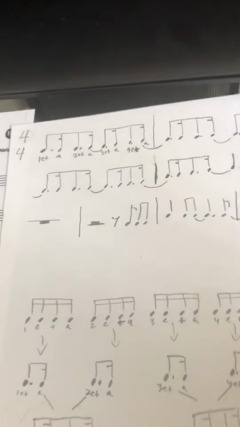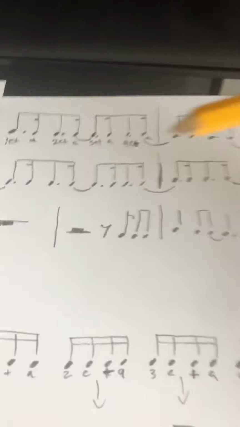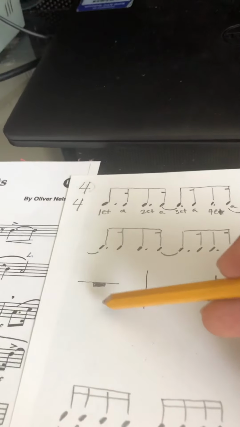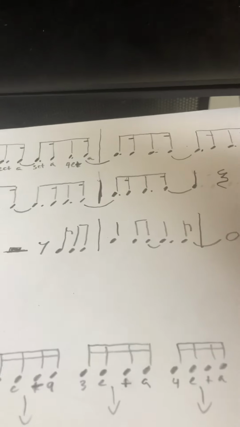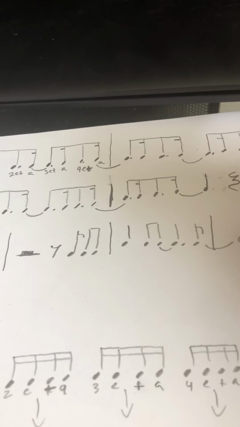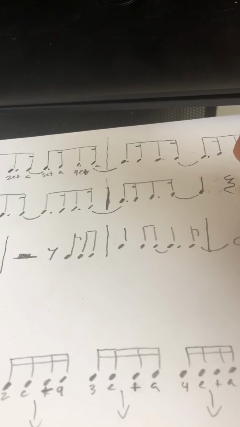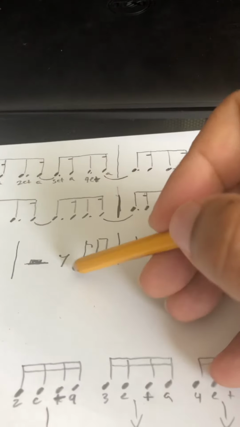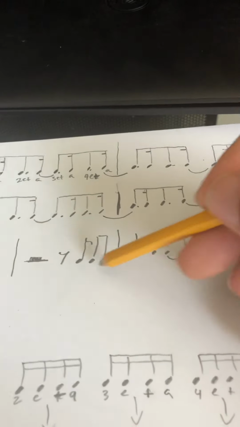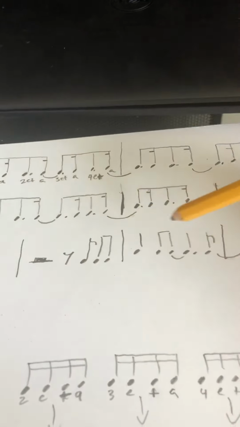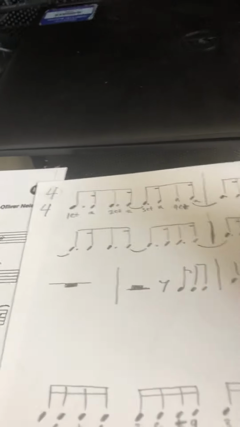What I am going to do here though, for this bottom one, this is measure 13, 14, 15, 16, I will do this measure for you. You have to complete this measure, okay?